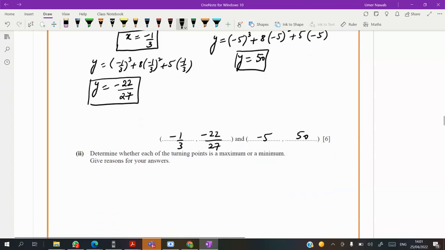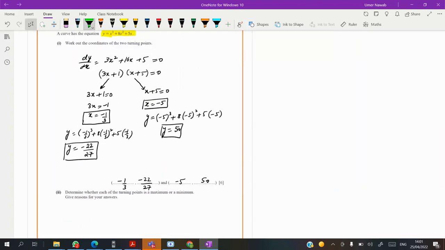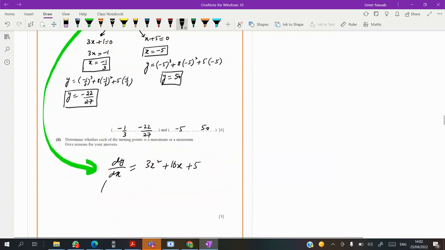Now, nature of the turning points. Copy the dy by dx because we want to take the second derivative. So dy by dx is 3x squared plus 16x plus 5. So take the second derivative.